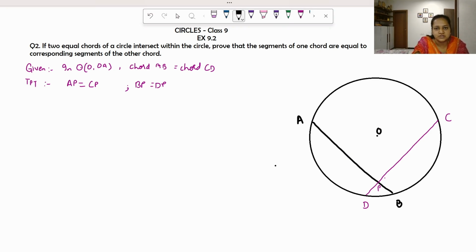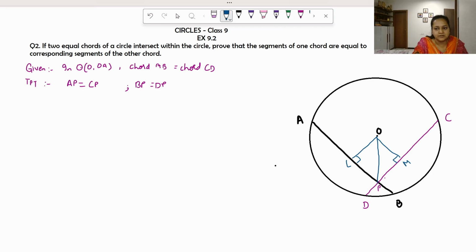So we need a construction over here, children. What will be the construction? The construction will be dropping perpendiculars. So let's drop a perpendicular OL on chord AB and OM on chord CD and join OP. We want to prove AP equals CP. Understand now, AP is what?